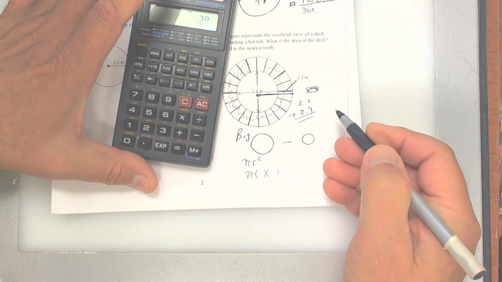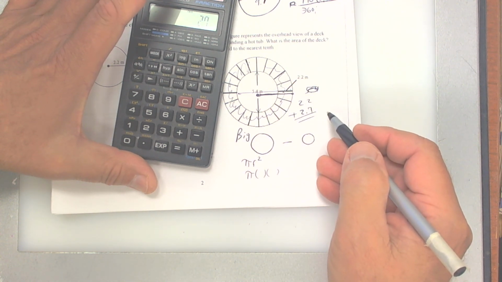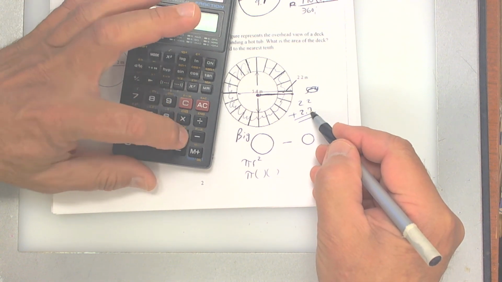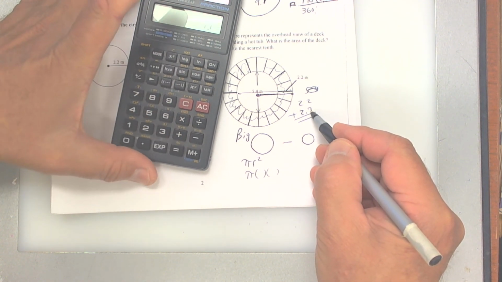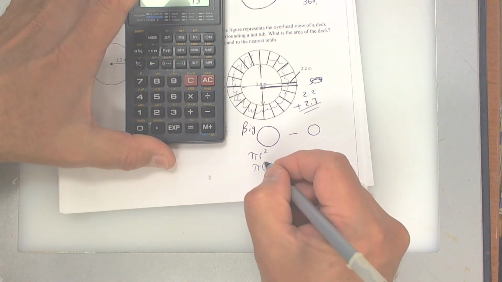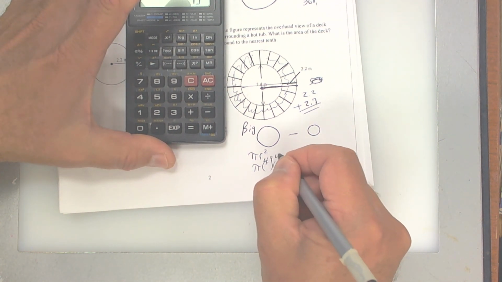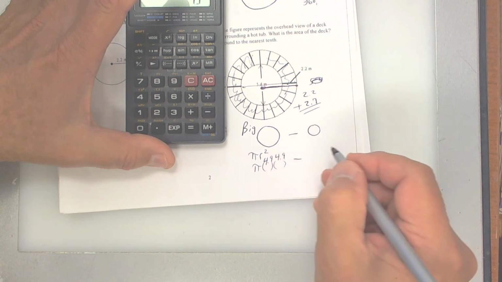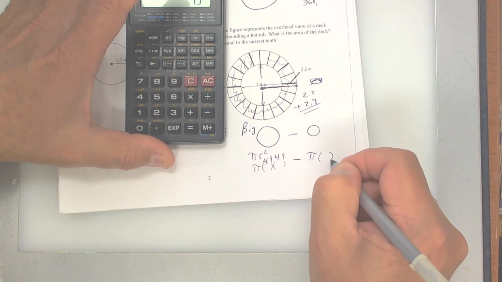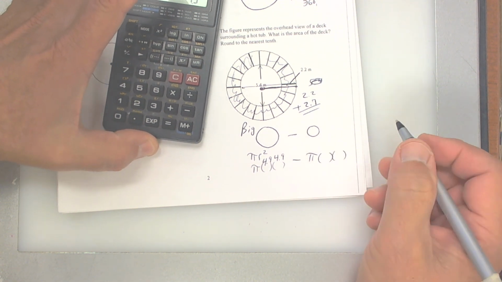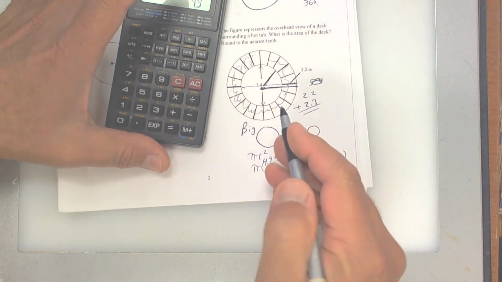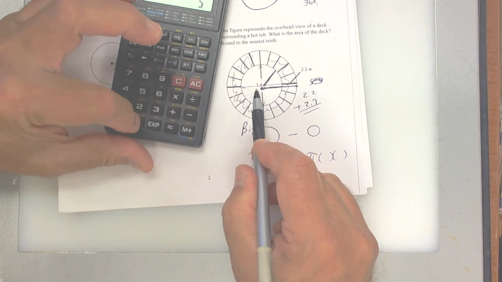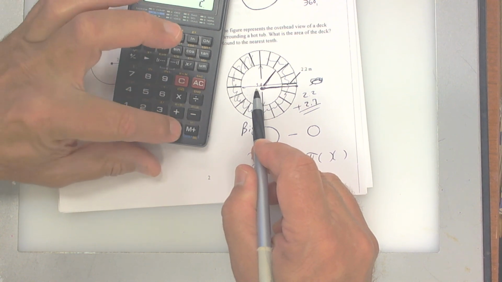So we want the big circle. So we're going to take 2.7 plus 2.2, and so the radius is going to be 4.9. So it's going to be 4.9 times 4.9 is the big circle, minus the little circle, which is pi times radius squared. Well, the little circle, I think that's 2.2 if I remember correctly. Let me check it out. 5.4 divided by 2.